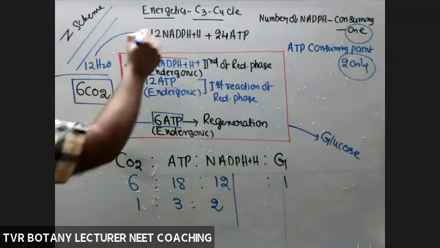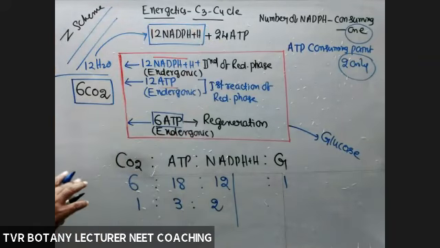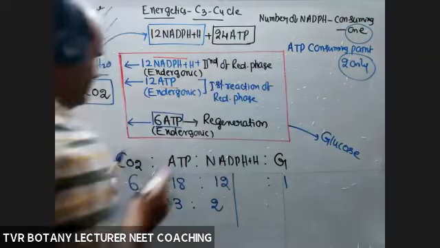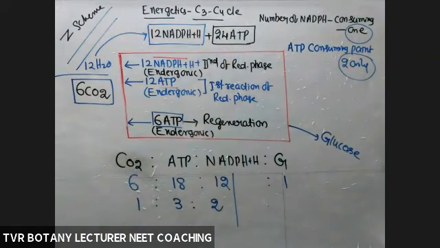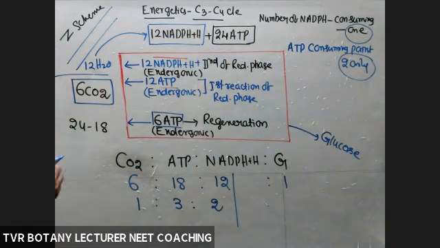So out of 12 molecules of NADPH, 12 consumed here. And out of 24, how many consumed? 18 only. So 24 minus 18, surplus. They are retained there. They are present in the stroma. How many? 6 are surplus, more than required.